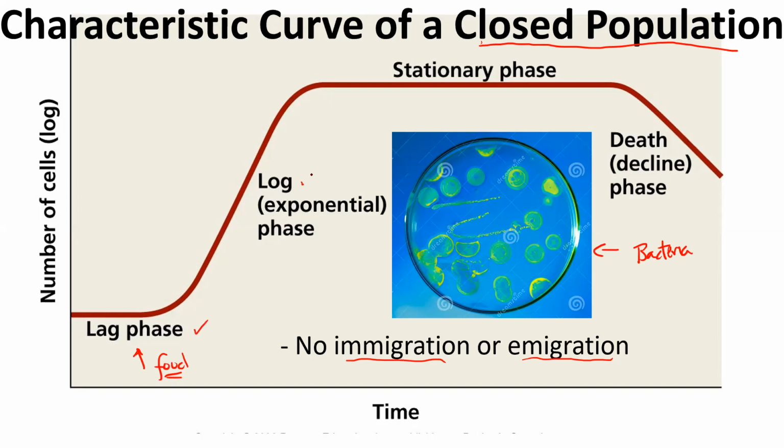It then has exponential growth. This is where the natality is greater than the mortality. But then, because of these density-dependent factors like wastes building up, the natality is going to equal the mortality. And then when there's too many wastes and not enough food, the mortality is greater than the natality, and you get the death phase.